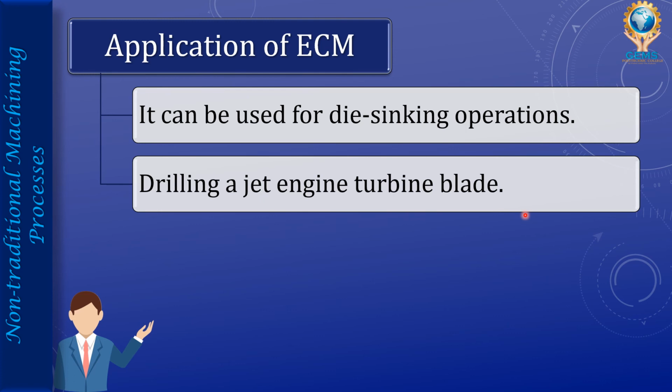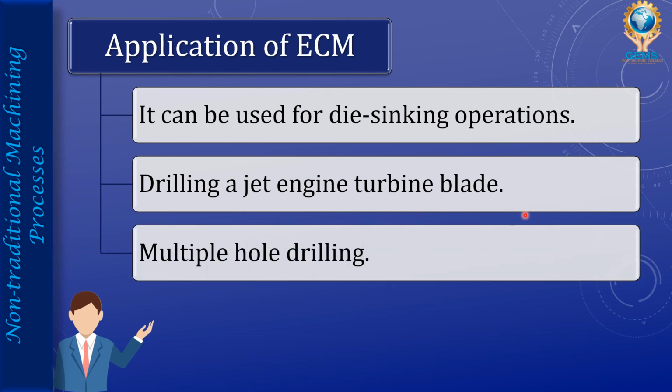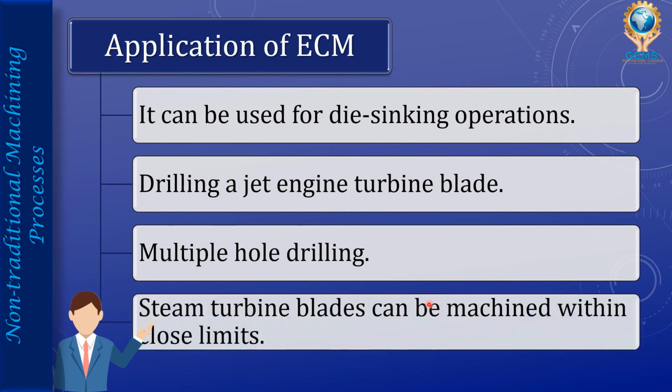That micro drilling we can do in the ECM process, and multiple hole drilling can also be done in this ECM process, and steam turbine blades can be machined within close limits.